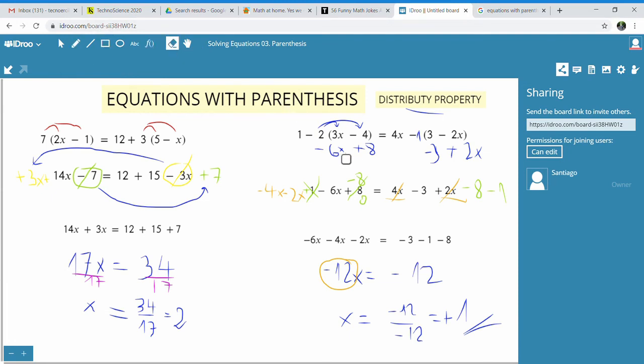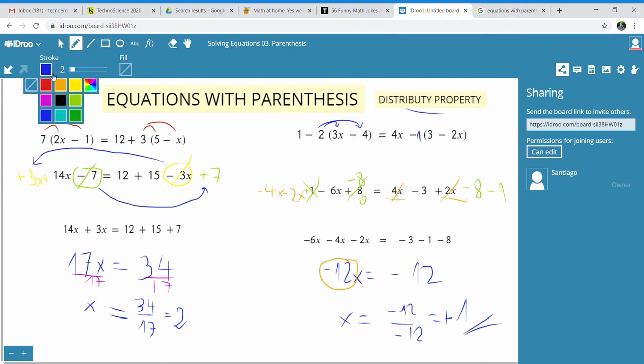If we want to check the equation, what we have to do is to substitute the x by 1, and see that the equality is true.